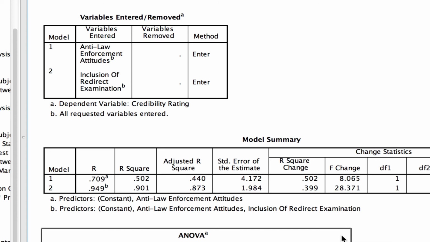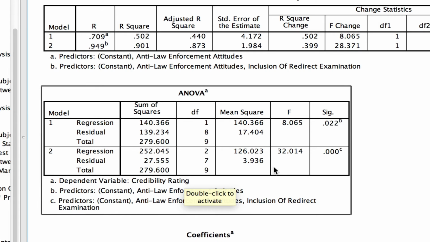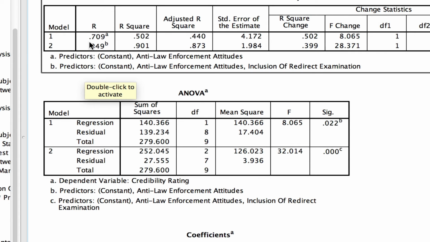That's going to give us the usual regression output, and if we look at our overall effect, our final model with the covariate in, the outcome is significant. Our second model with our independent variable included explains more variance than our model with just the covariate included.